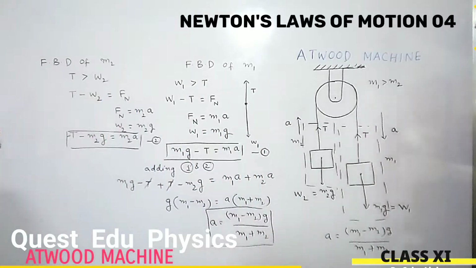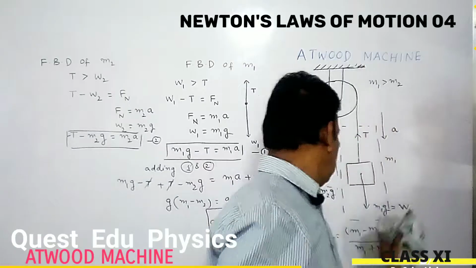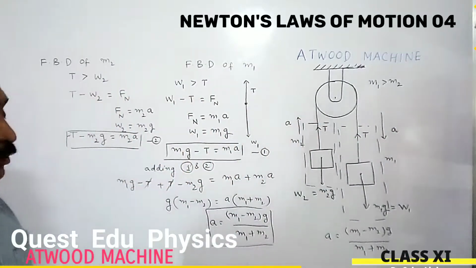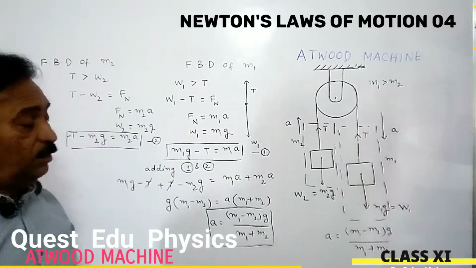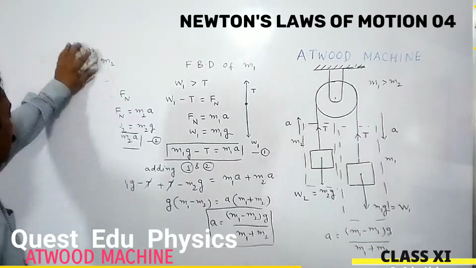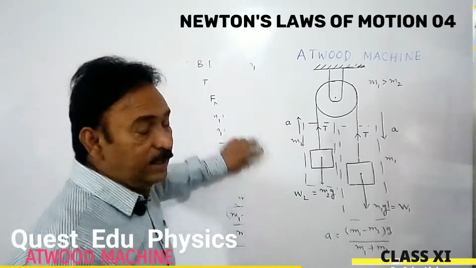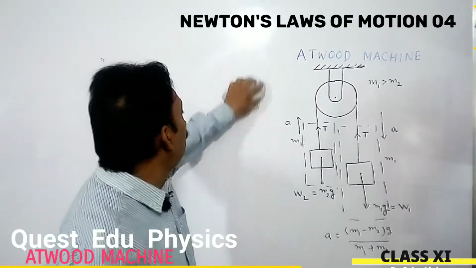Okay, students. Here we calculated acceleration as a is equal to M1 minus M2 of G by M1 plus M2. I told you this acceleration can be calculated easily by a simple technique.